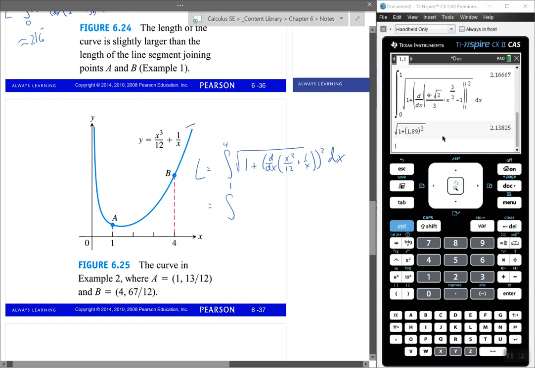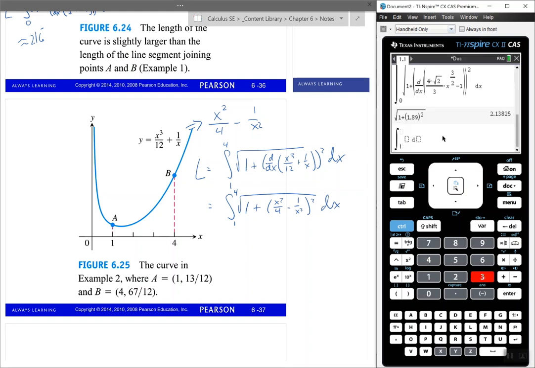The derivative of this is x squared over 4. The 3 comes down, reduces with the 12, minus 1 over x squared. So that should be the same if we plug that in here. But again, it's not necessary to take that derivative, especially since you're using the calculator.